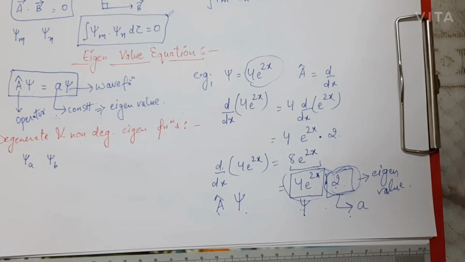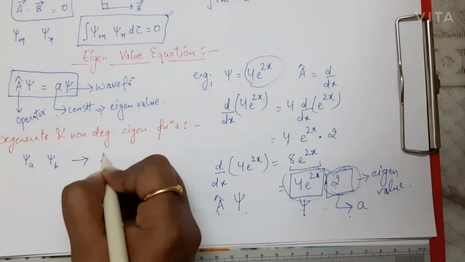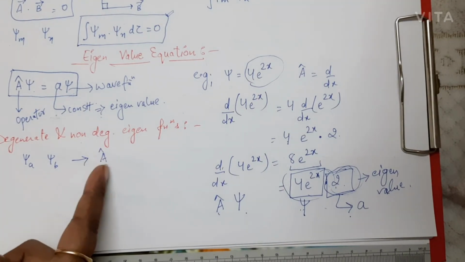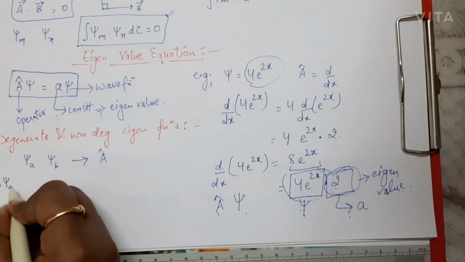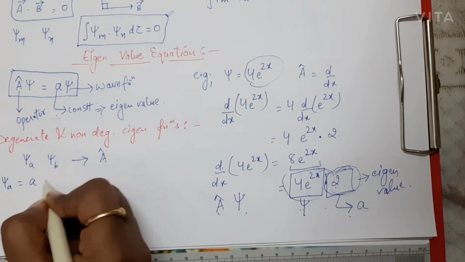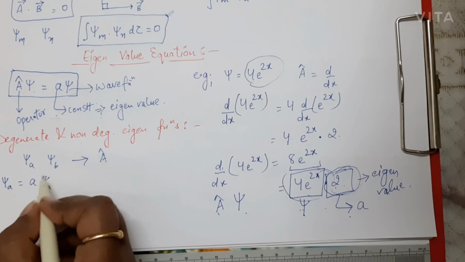These are two wave functions, and on these two wave functions we are applying operator A. So when we are applying this A operator on psi a, after solving you are getting a into psi a, that is some constant along with your wave function back.